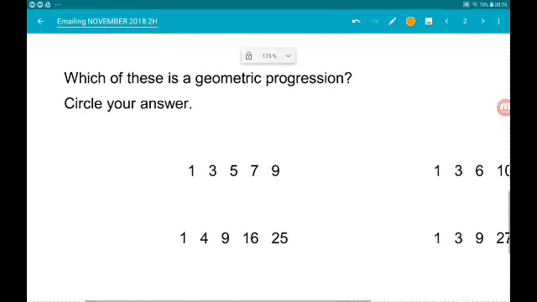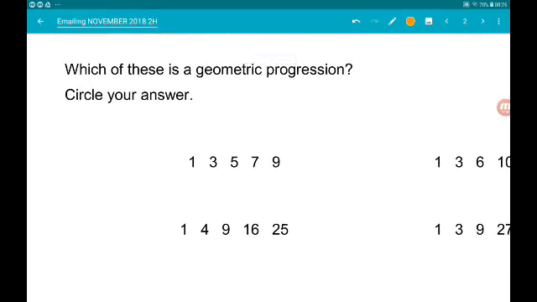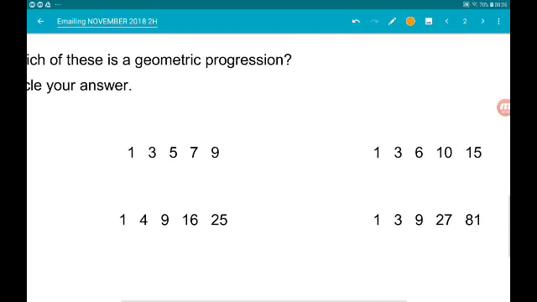Okay, 3. Which of these is a geometric progression? So progression means sequence, sequence means progression. They are the same thing. Now I'll put my sequences playlist down below. So let's go through what each of these is.